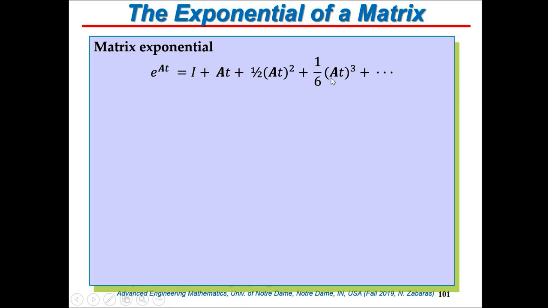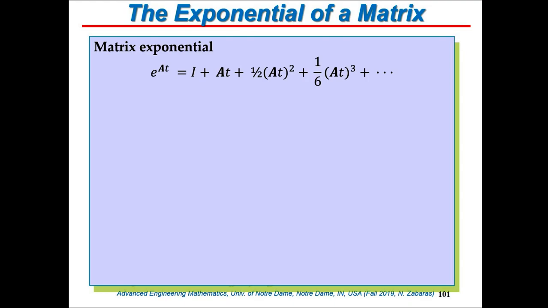If you can define powers of a matrix and you accept this to be a convergent series, then I can define e^(At) as this nice expression. The only thing you need is for these powers of A to exist, which they do. So the exponential of a matrix is defined by this expression.